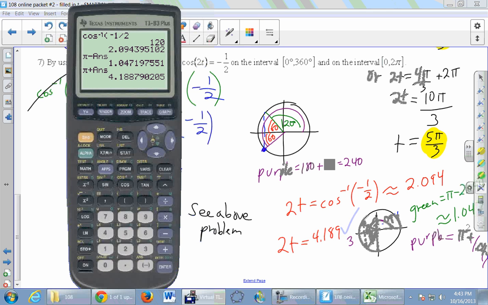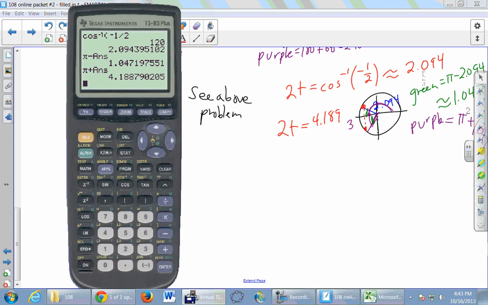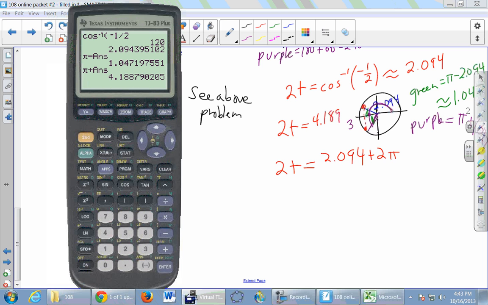And definitely you're going to divide each of those two numbers by 2, but before you do, I would say we should add this 2 pi to each of them. 2.094 plus 2 pi, or 4.189 plus 2 pi.